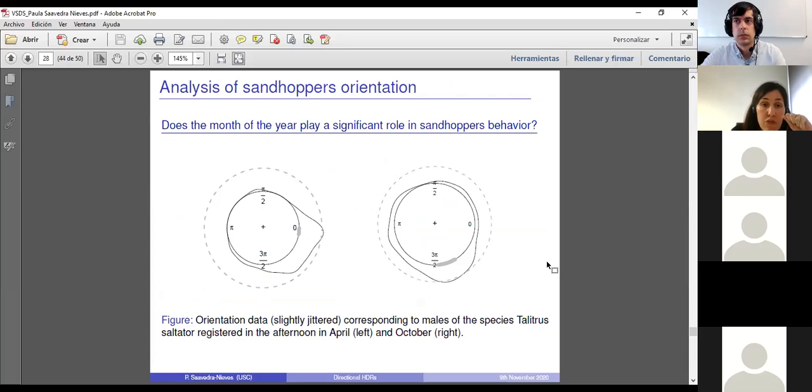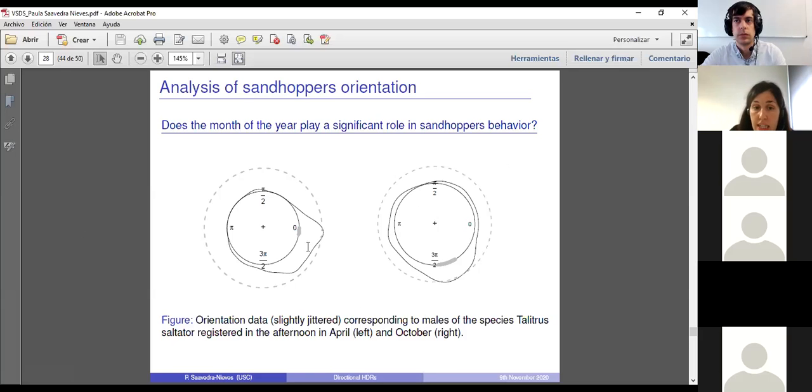To finish this presentation, I will apply the highest density regions estimation to the problem of sandhoppers and earthquakes. Here I show you the highest density region estimated using plugin methods for the species Saltator for two months, again, April and October.